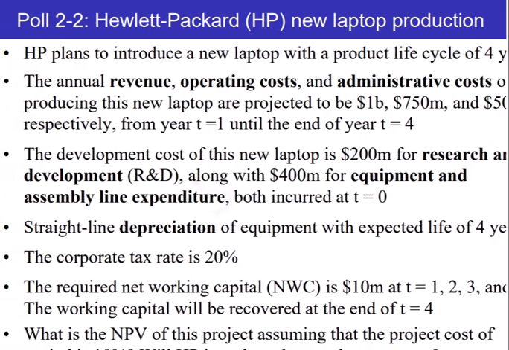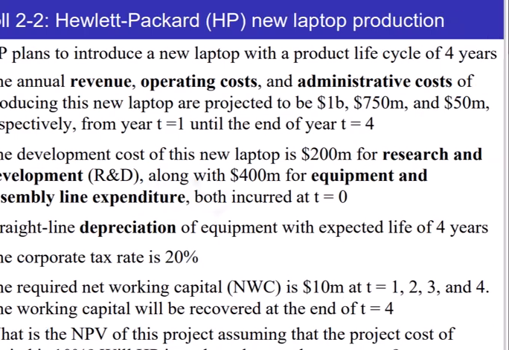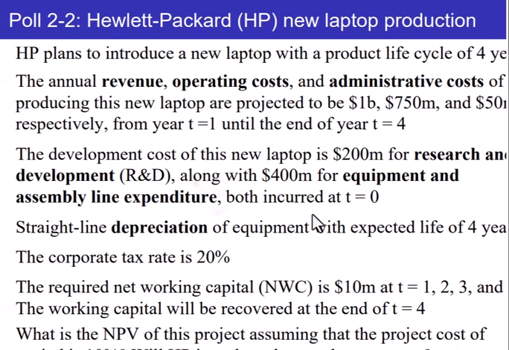This is given from year 1 to year 4, and HP needs to spend 200 million for R&D. So R&D is a one-time expense, along with a $400 million equipment purchase. So we're gonna use the straight line depreciation method for this one with the expected life of 4 years. So we're gonna treat 400 million divided by 4, $100 million expense every year from 1 to 4.